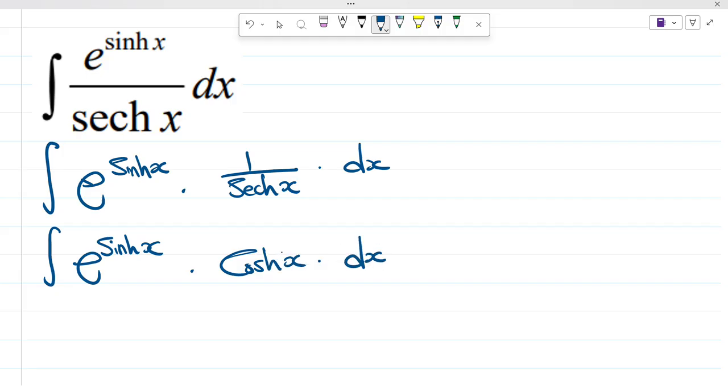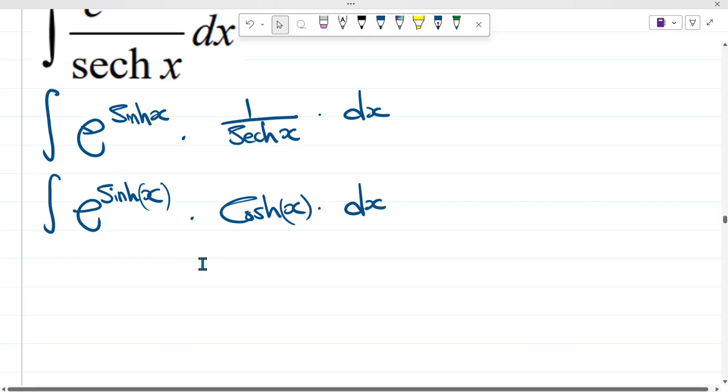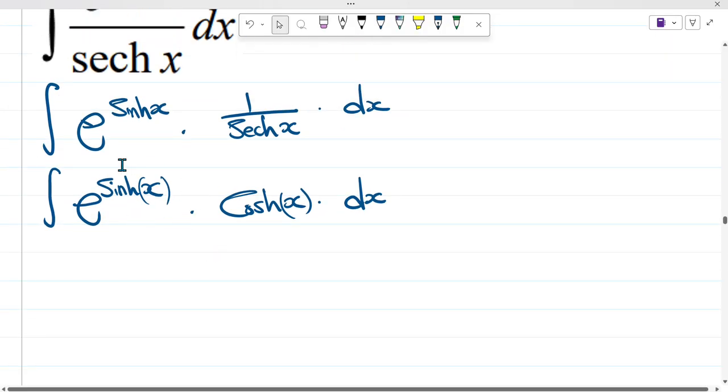So what's happening here is that now I need to analyze this integral in the following way. Since I'm integrating an exponential function, I need to first make sure that next to this exponential function, I have the derivative of the exponent. So the derivative of this exponent is going to be hyperbolic cos of x, which is what I already have here.